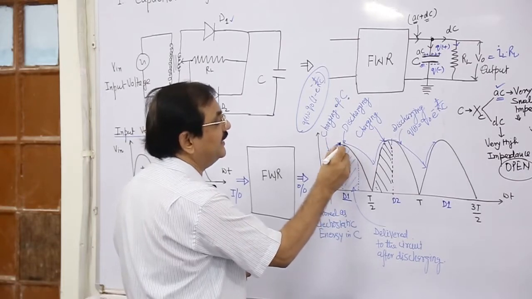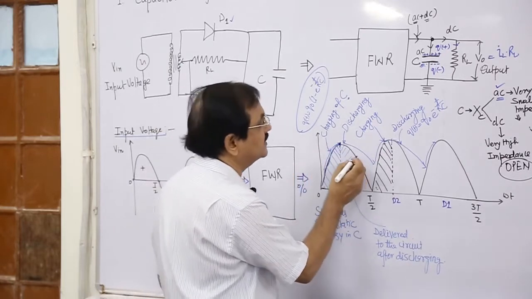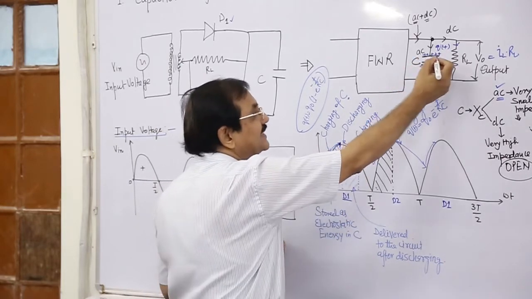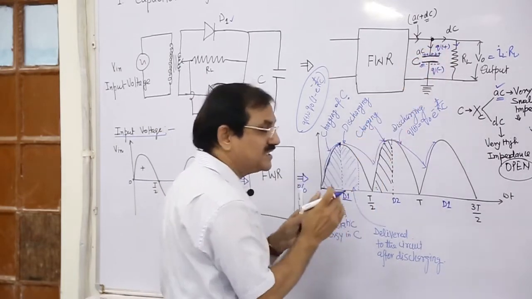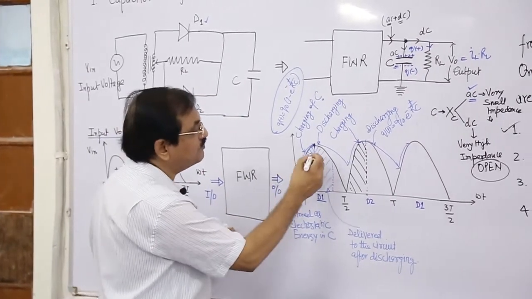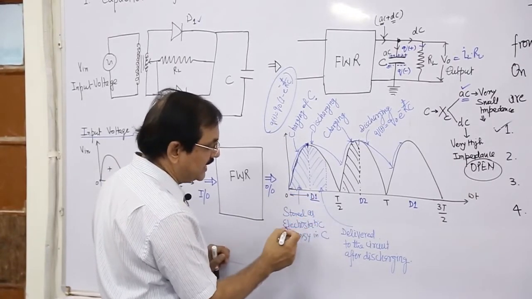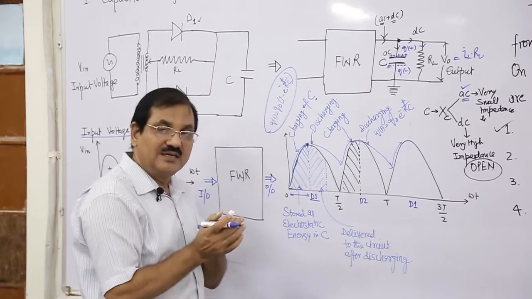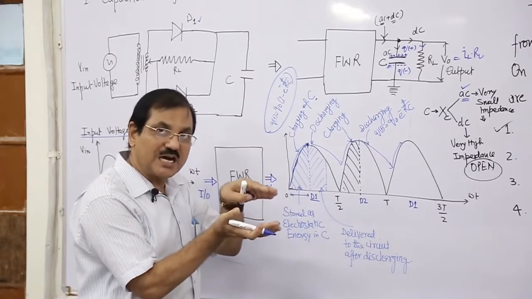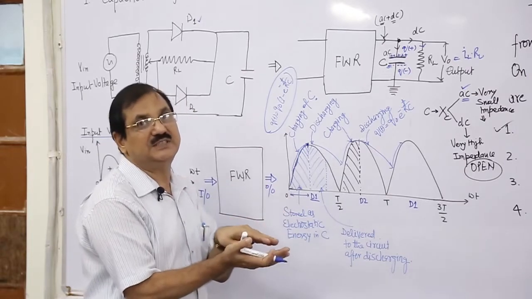When the current is going to decrease, the capacitor stores the energy during this time as electrostatic energy. The capacitor stores the charges in the form of electrostatic energy during the charging period.